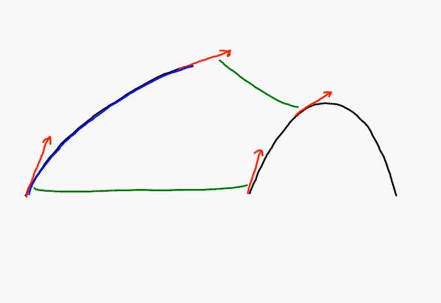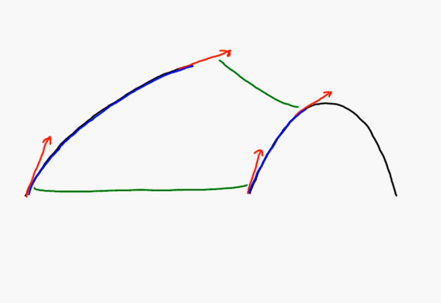We had to travel much further along that road to see that change in the direction of the tangent vectors compared to the distance we needed to travel along that road. So what might we say? We might say this road on the right has more curvature, because in a shorter distance traveled, we see the same change in the tangent vectors. And that's sort of what the idea of curvature is.